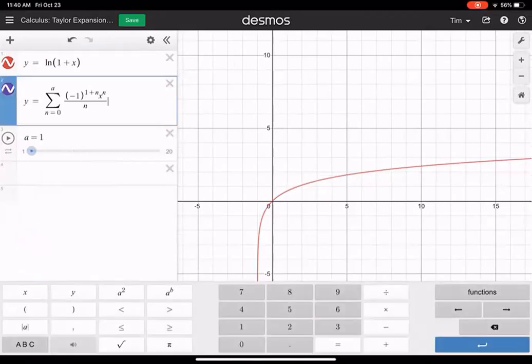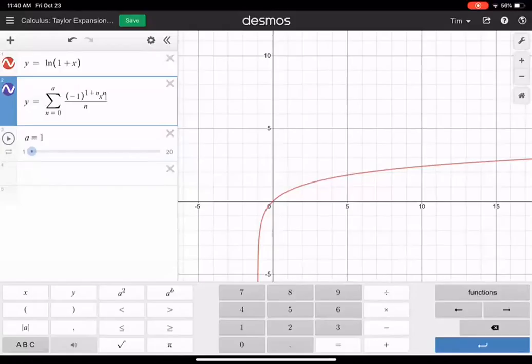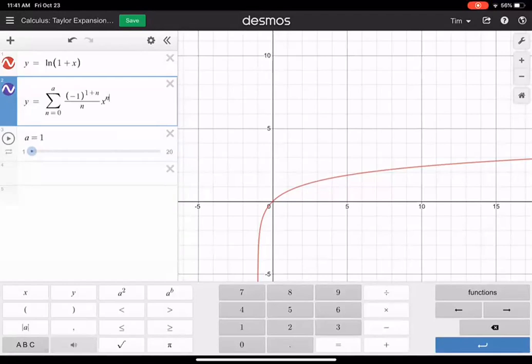I don't see the series. I'm going to delete the x to the n and see what happens here. Oh, it's because I started it at 0, of course. So you can see, you can't just always assume it starts at 0. There we go, much better.